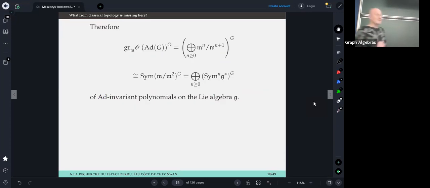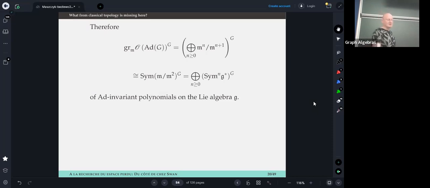Then with this filtration we can associate the graded module, by summing up consecutive quotients of this filtration and taking the G invariant part.